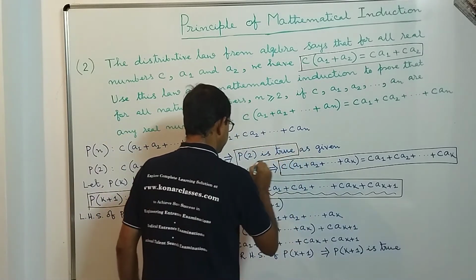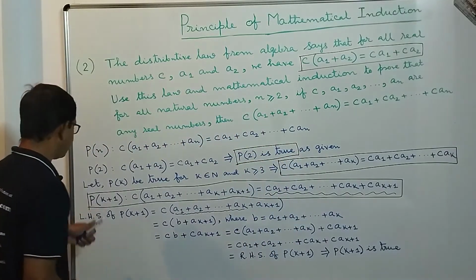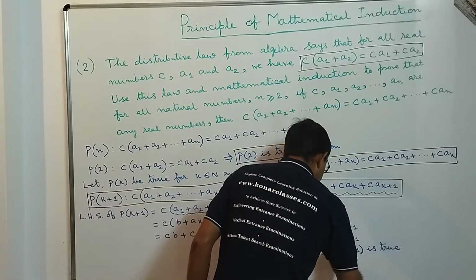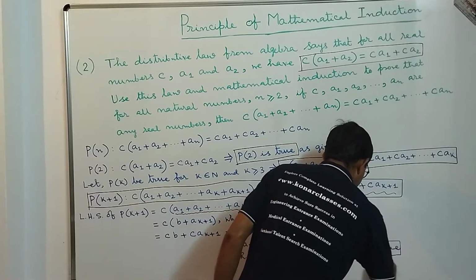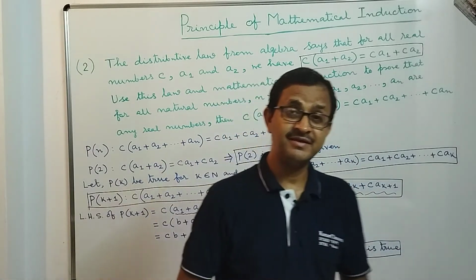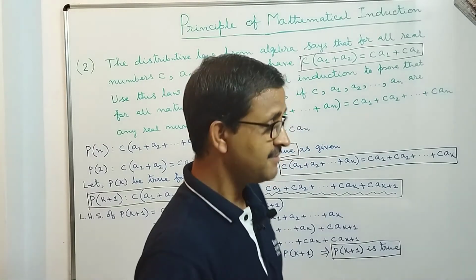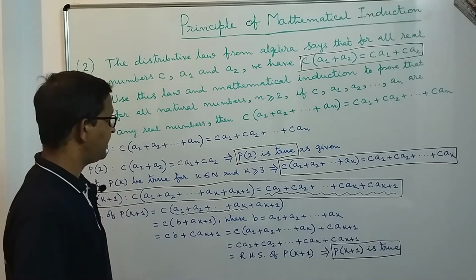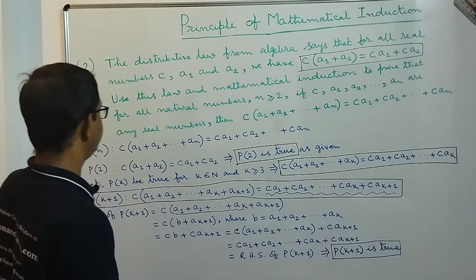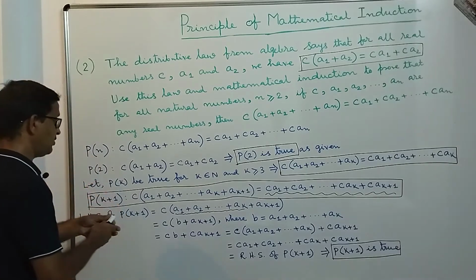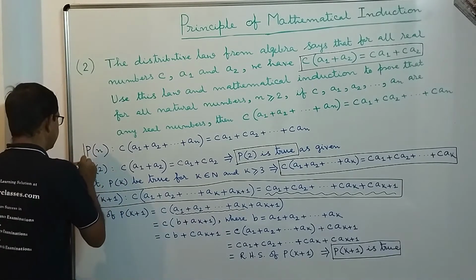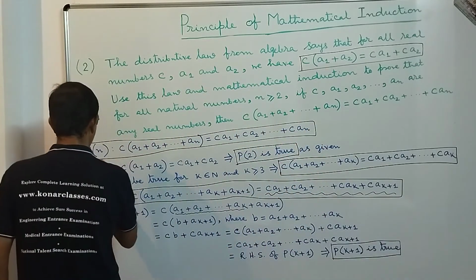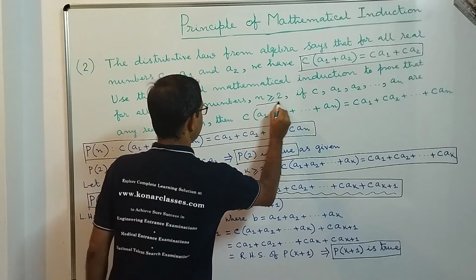Then we assumed that Pk is true. With that assumption, we were able to prove that Pk plus 1 is true. Hence, from the principle of mathematical induction, we can say that Pn is true for all n greater than or equal to 2, where n is a natural number. N is greater than or equal to 2, as given here.